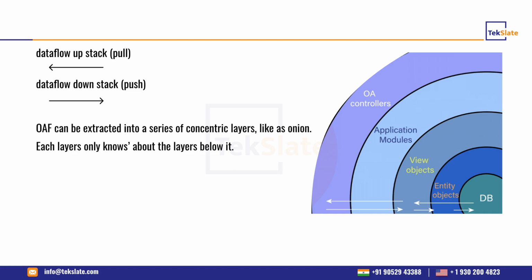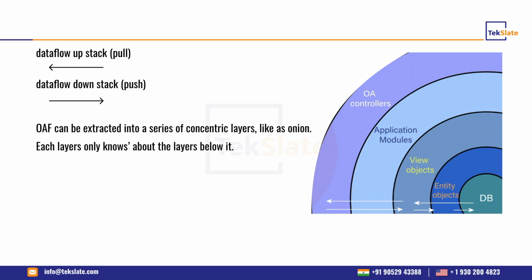A view object can be used by entity objects, but an entity object cannot use view objects. That's what we need to understand. Entity objects again depend on the database objects. So how does the data flow? From the database, whatever tables or views we are creating in the SQL server, those queries or database objects are handled by the entity objects.